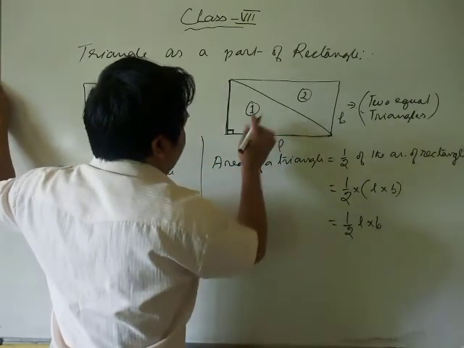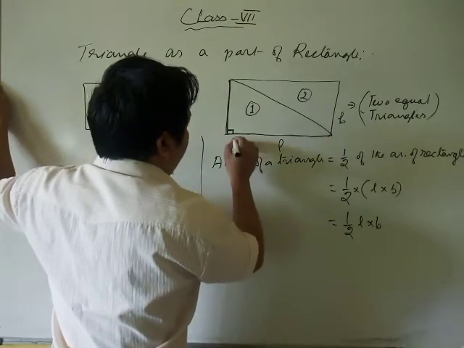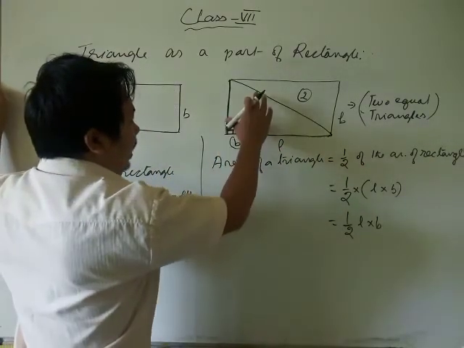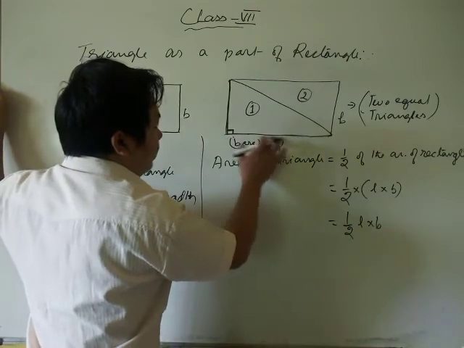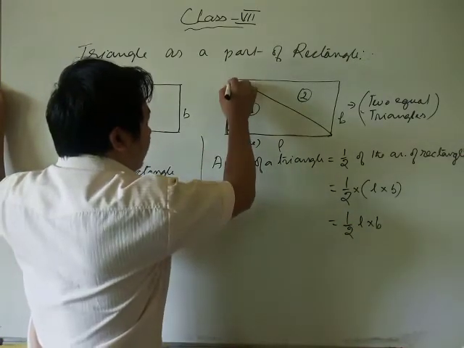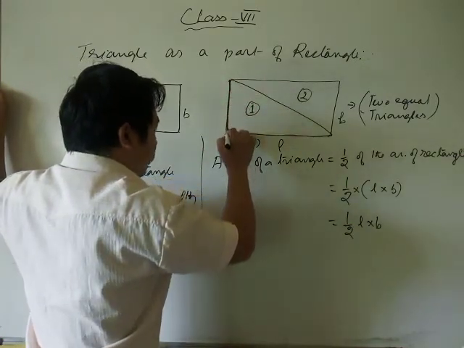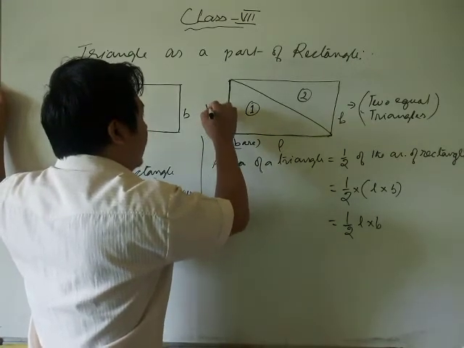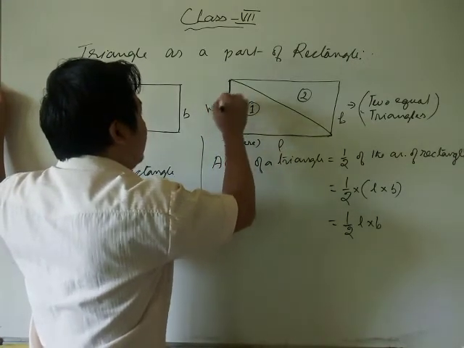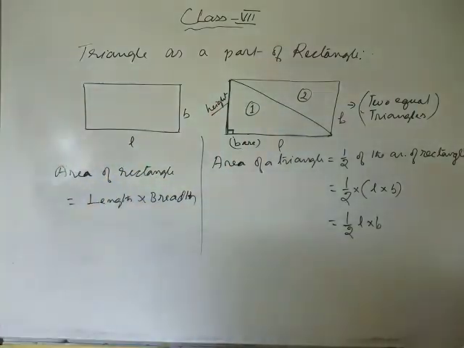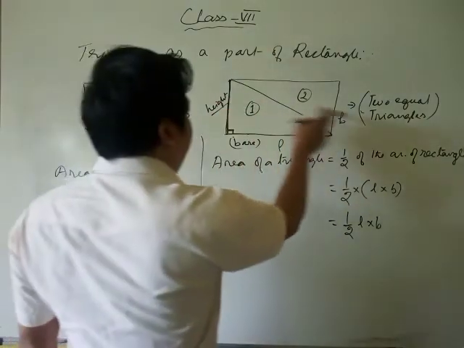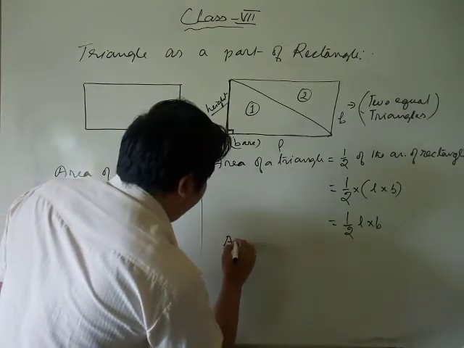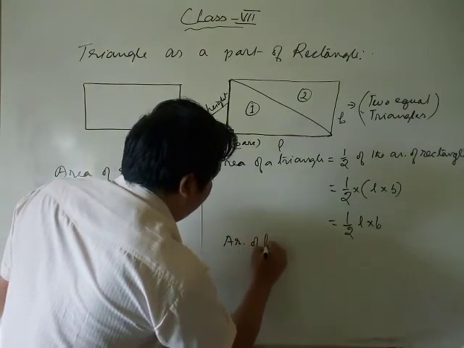If it is a triangle, then this is called the base. Now a perpendicular line dropped to the base is called altitude or height. It's the height of the triangle. Now this height and the B are the same. Therefore, what happens? Area of triangle.